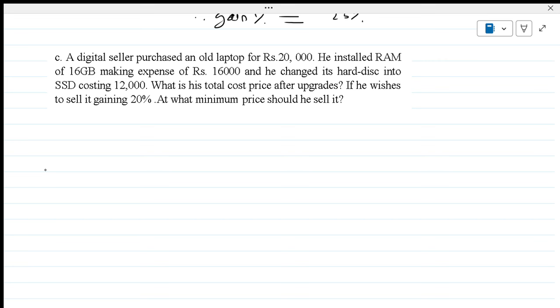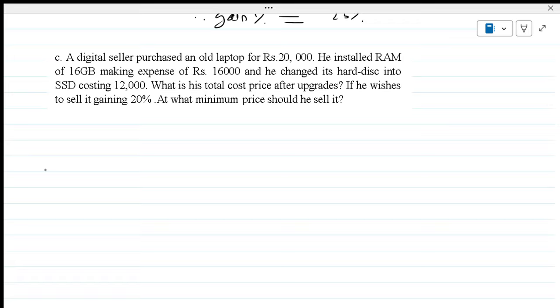He purchased the old laptop for 20,000, and he made some changes in its hardware and software. First he installed RAM of 16 GB, making an expense of 16,000, and then he changed its hard disk into an SSD, which we call solid state drive, costing rupees 12,000.